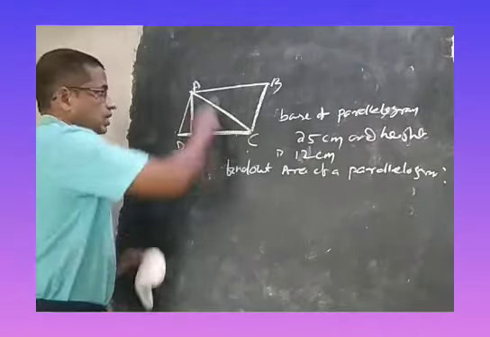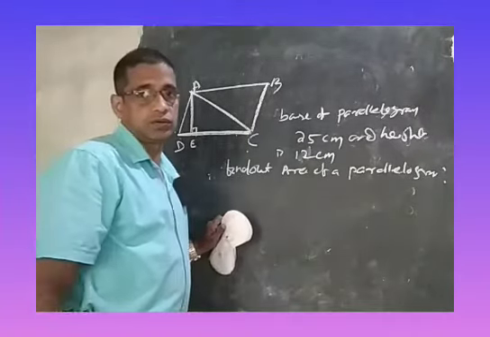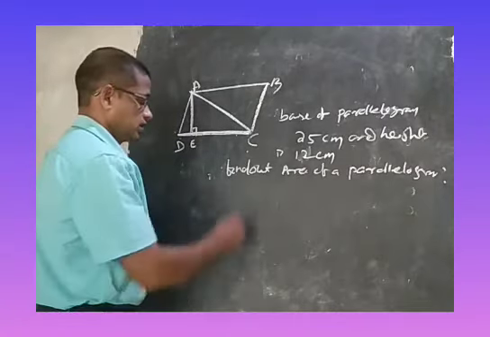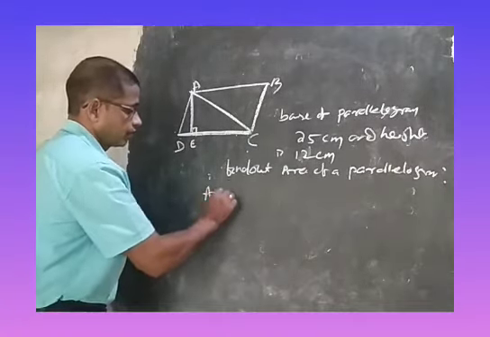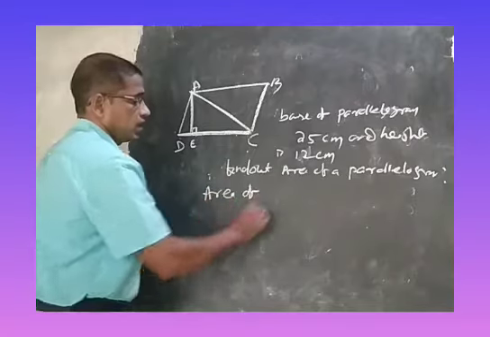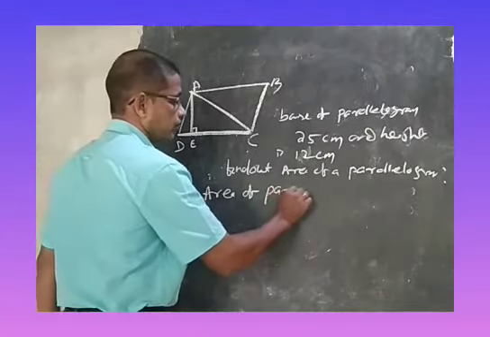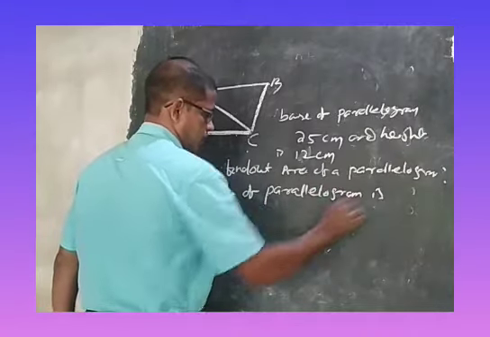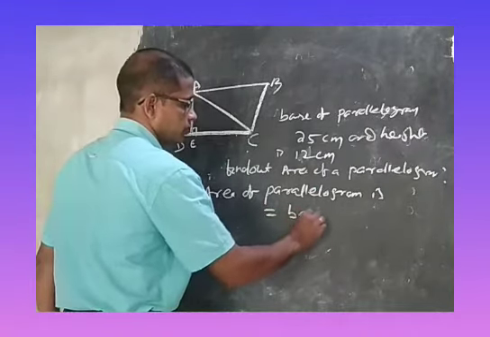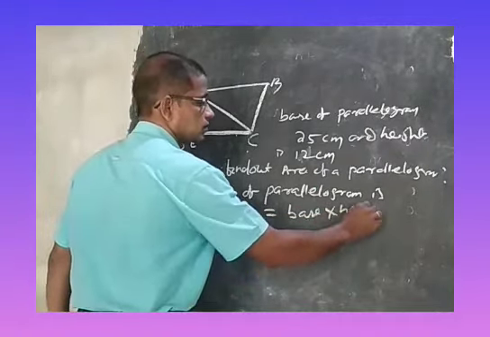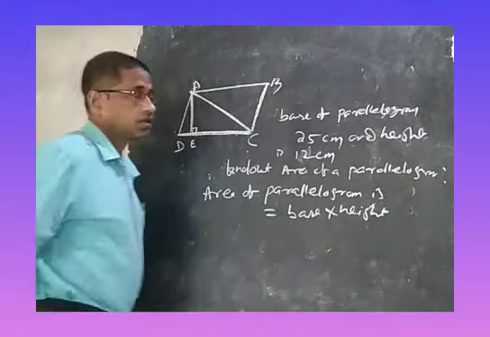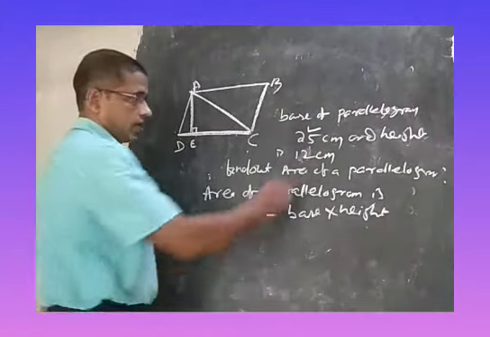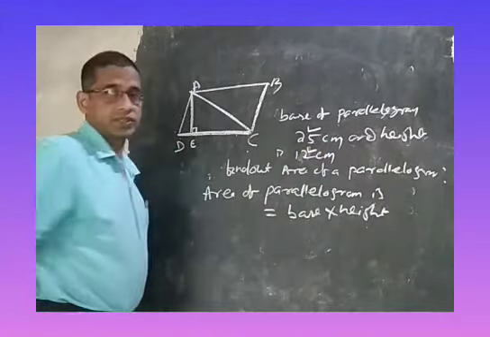We know the area of a parallelogram is equal to base into height. Here the base is given as 25 centimeters and the height is given as 12 centimeters.